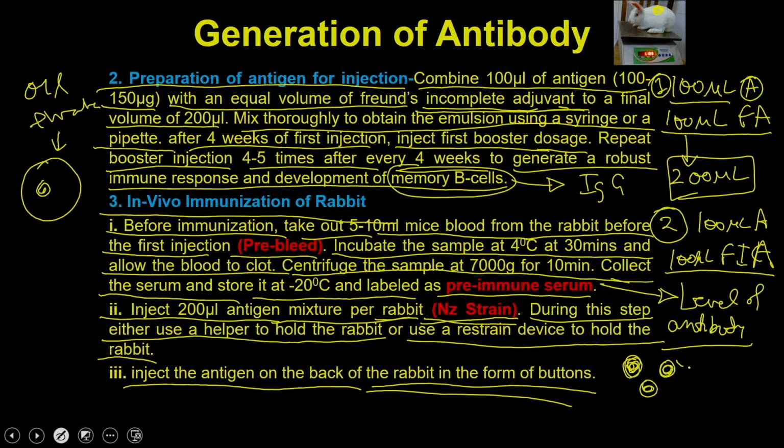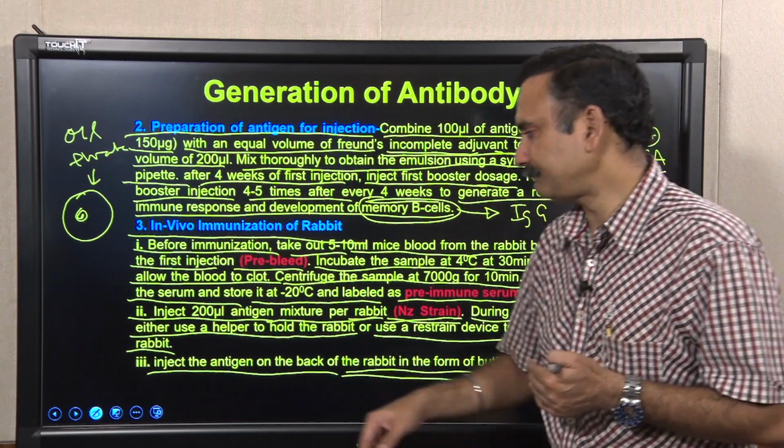All these are called buttons, and that is required because the antigen is going to be released from these buttons very slowly, and as a result it is going to cause a robust immune response and large production of antibodies.